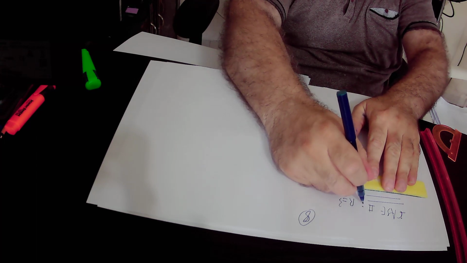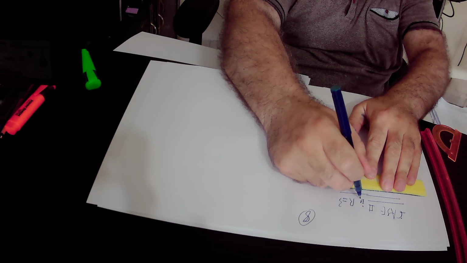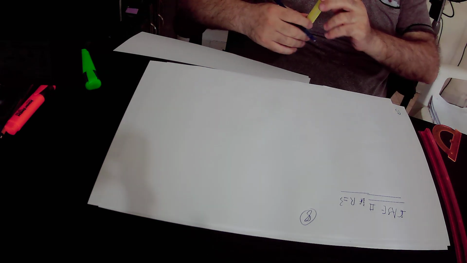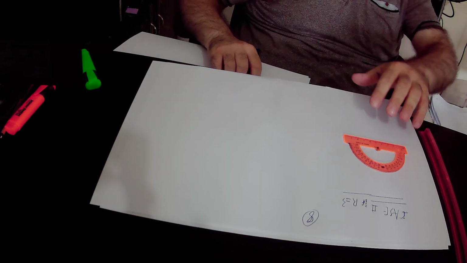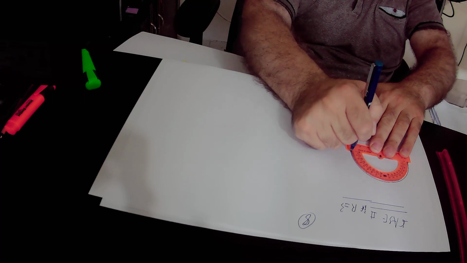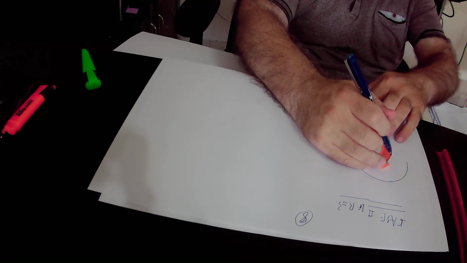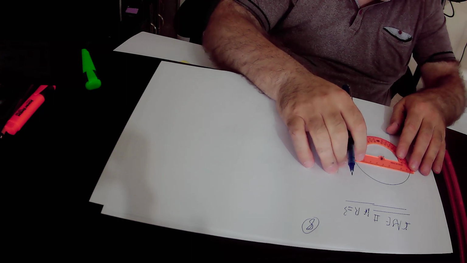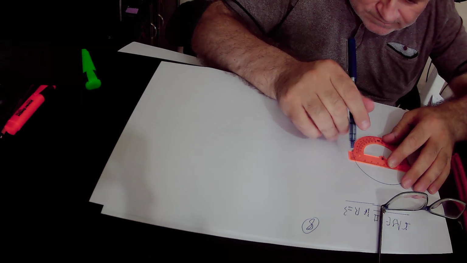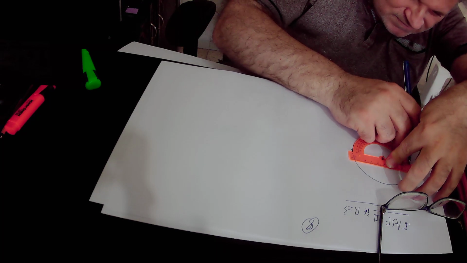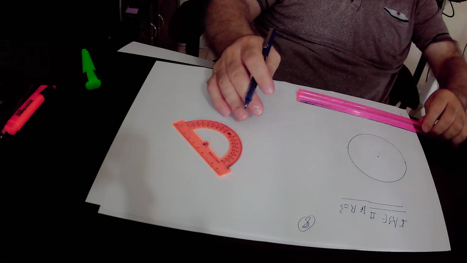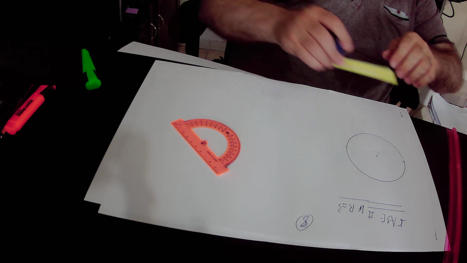So if R equals 3 units, then we have a circle with a radius of 3.